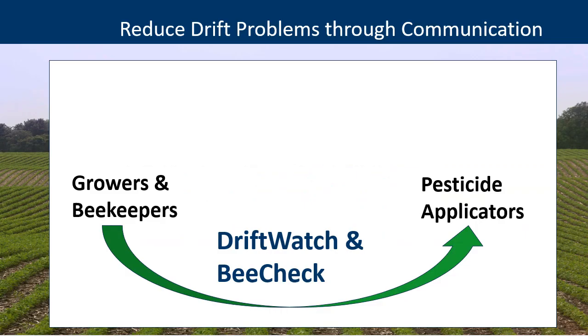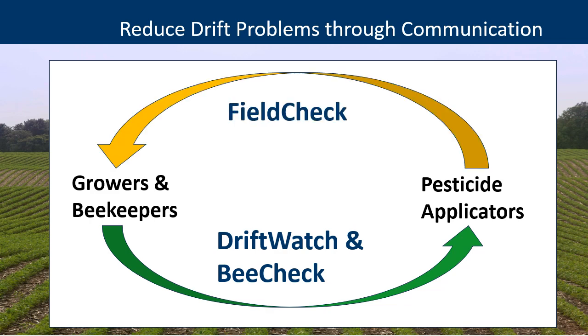Specialty crop growers and beekeepers utilize DriftWatch and BeeCheck to mark the locations of their sensitive sites on the FieldWatch map. Applicators can then use the FieldCheck program to view this information in their area of operation and obtain producer contact information if needed.